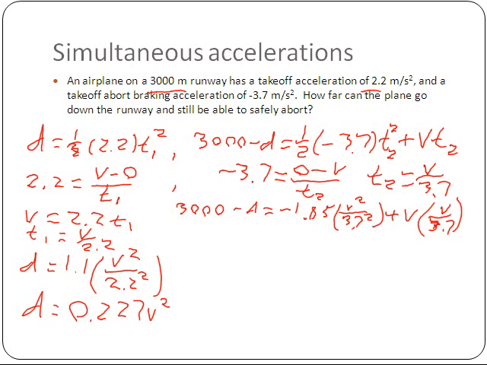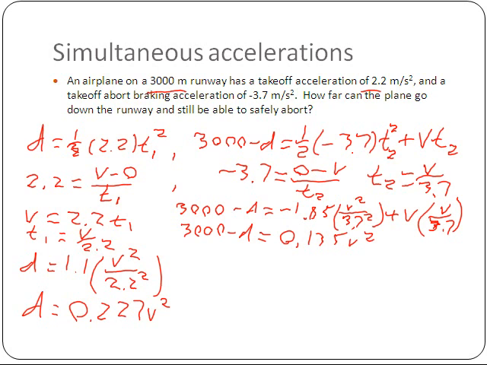And so in doing this, we basically should end up with negative 1.85 divided by 3.7 squared, that's a v squared, and there's a v squared on this side, so plus 1 over 3.7. And so I get in this case that 3,000 minus d is going to be equal to 0.135135 v squared.